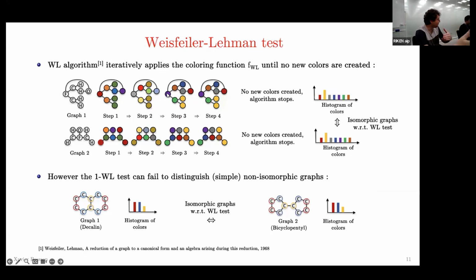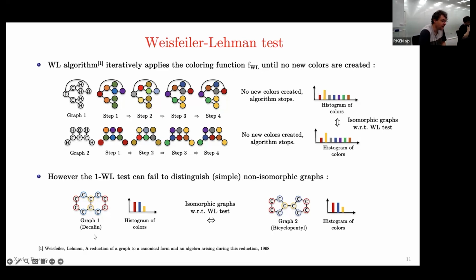You apply this coloring process, and at some point, you will not be able to produce new colors. The system will stop, and it will give you a histogram of colors. So you compare the histogram of colors of this graph and this graph, and if they produce the same colors, you say they are isomorphic with respect to the Weisfeiler-Lehman condition, which is not true all the time.